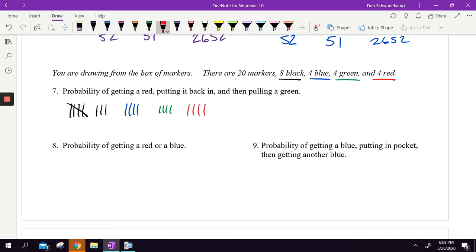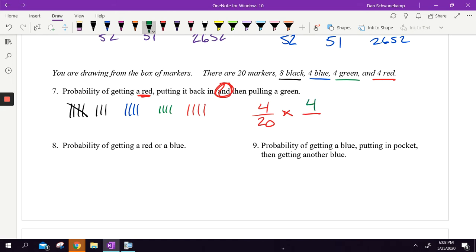All right, what's the probability of getting a red one, putting it back in the group, and then pulling a green one? So let's write 2 separate fractions here. What's the probability of getting red? Well, there are 4 reds out of 20 markers altogether. Cool? And then we put it back in. So we took this red, we got it, but then it's back in the mix. This and, so we're going to multiply the probability of pulling a green. Well, what's my probability of pulling a green?